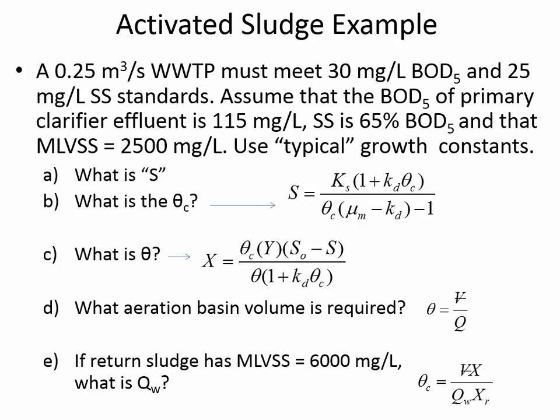Now we're allowed to have 30 milligrams per liter total, so the S, which is the soluble BOD concentration, is going to be 30 milligrams per liter minus 16.25 milligrams per liter, which equals 13.75 milligrams per liter.